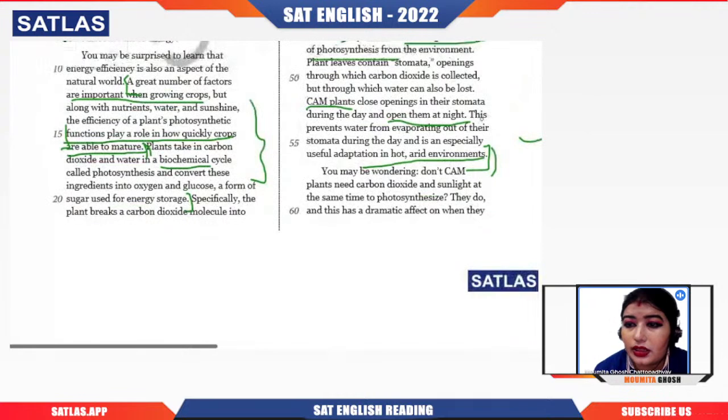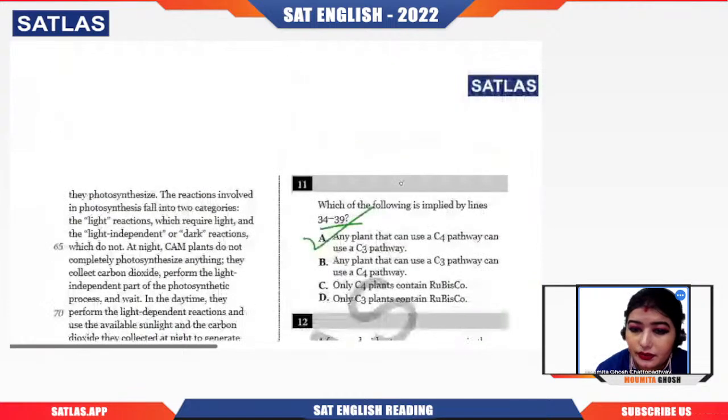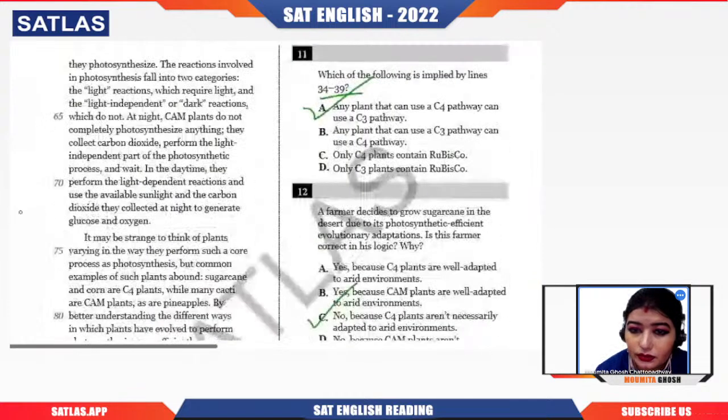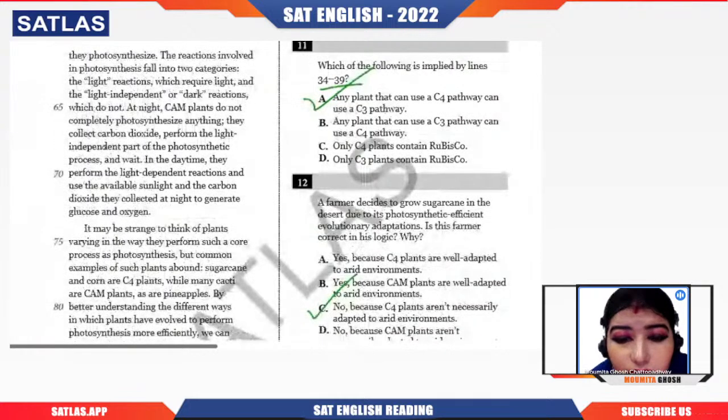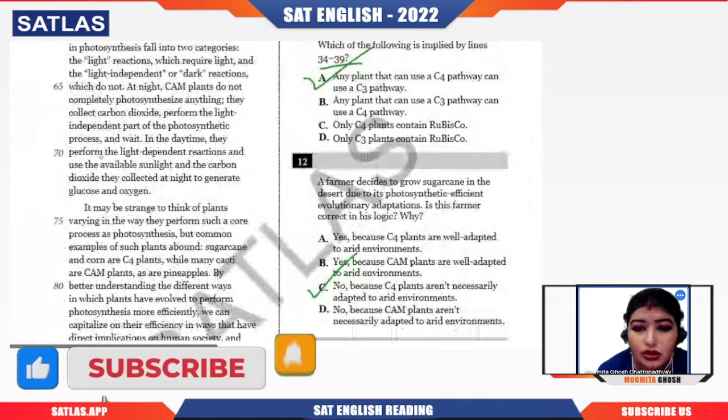And this prevents water from evaporating out of their stomata during the day, is an especially useful adaptation in the hot and arid climate. Okay. And similarly, in this part also, the same thing is being uttered by the author.